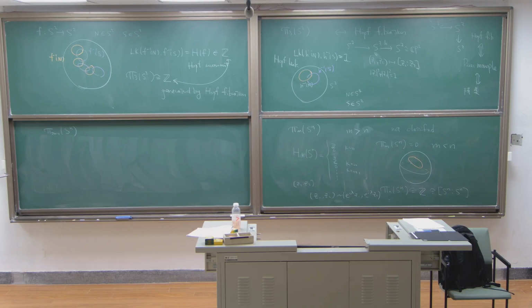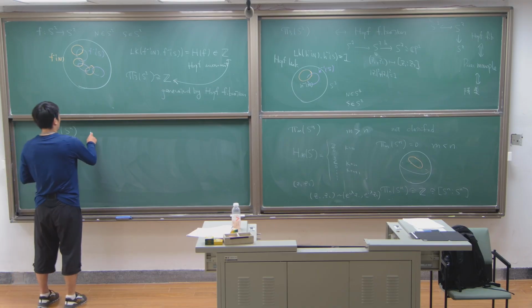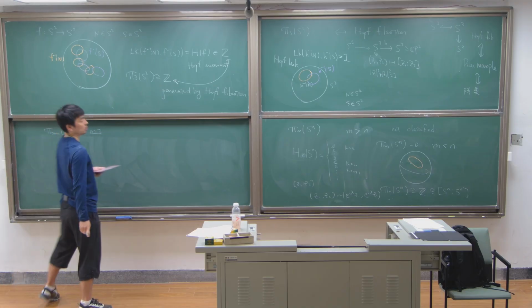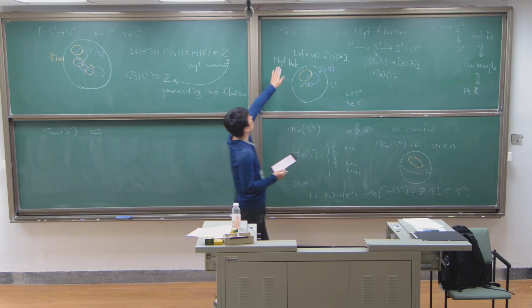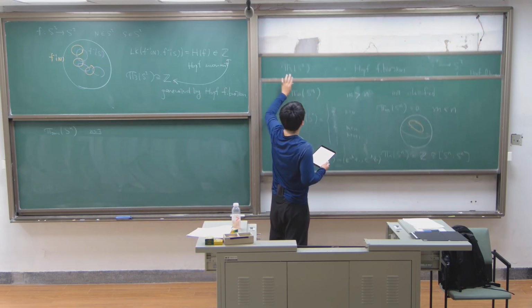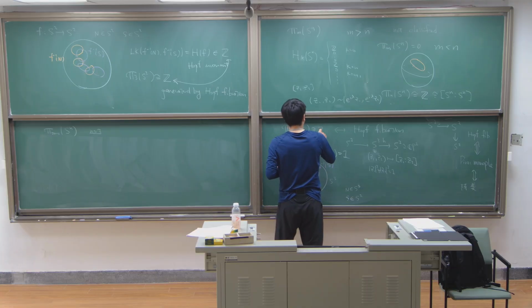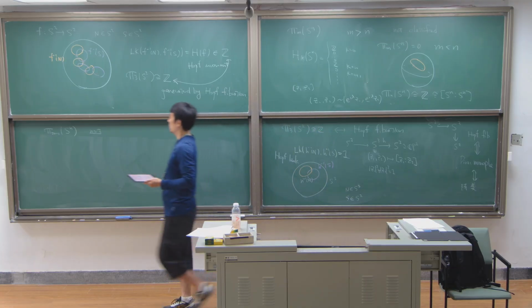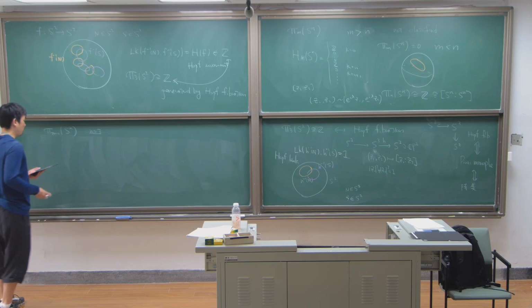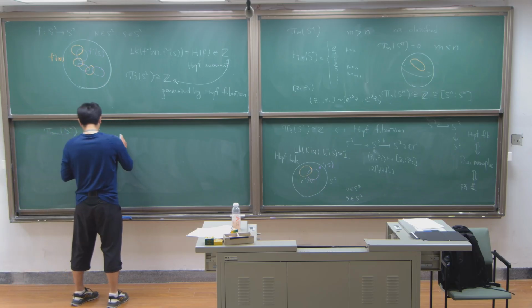It's a higher dimensional version. Where n equals 2, you just have this one. This is infinity. For n equals 2, we can consider a higher Hopf invariant.